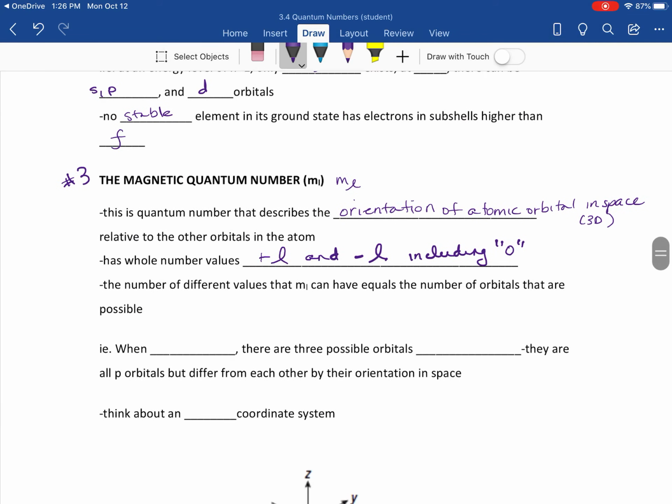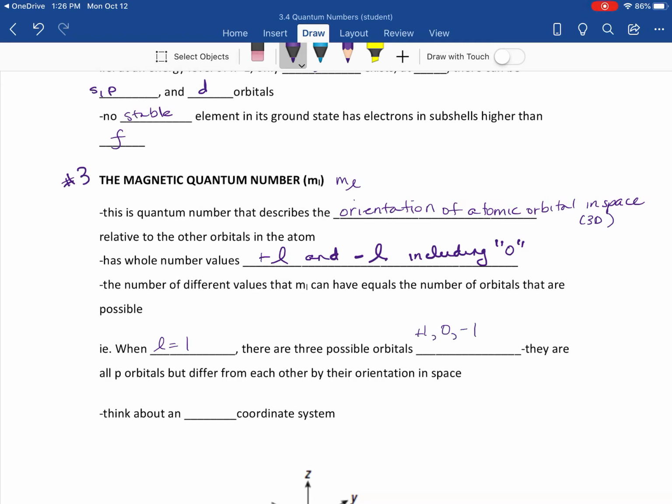So for instance, if L equals 1, my mathematical way to figure out the third quantum number, or the magnetic quantum number, is by going positive L to negative L, including 0. So I can have plus 1, 0, and minus 1.